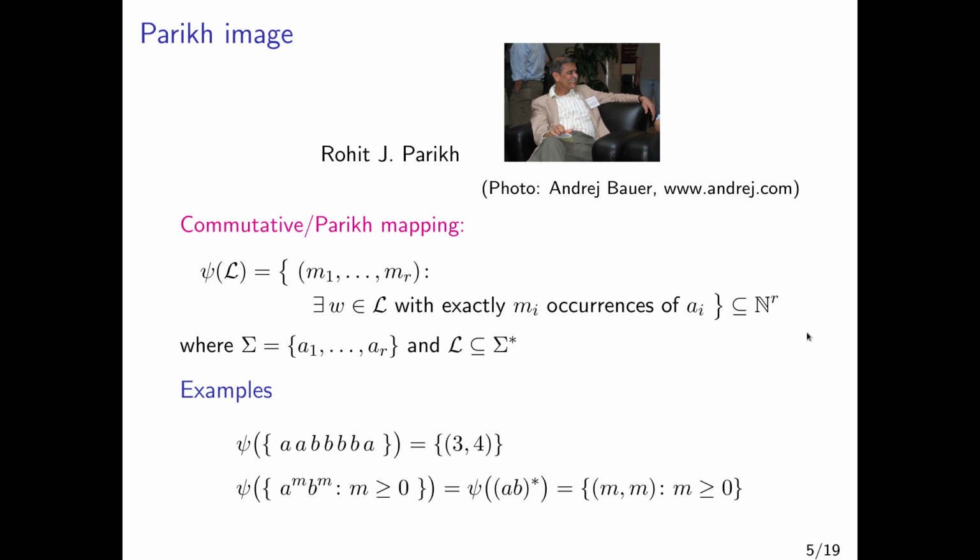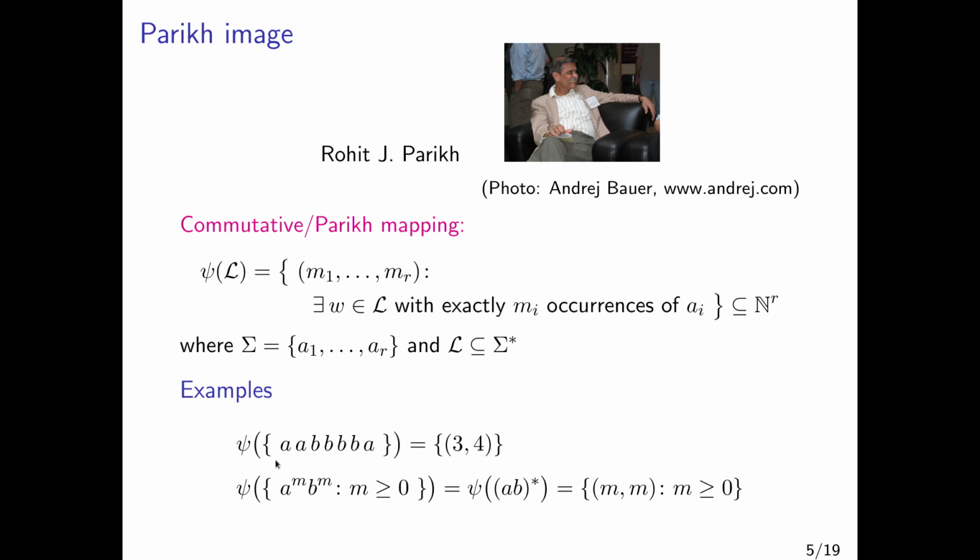So suppose you've got a finite alphabet sigma, composed of R letters, and then you've got a language over this alphabet, L. Now consider the set of all R-dimensional vectors, M1 through MR, such that each component of this vector counts how many times each letter occurs in the word. So put differently, for each word over this alphabet, count how many times each letter occurred.